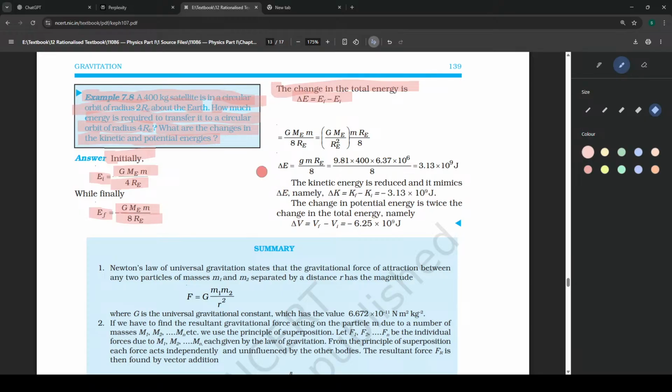The change in energy is equal to GMEm by 8 RE, which is equal to g RE square m by 8 RE. This is the total gain in energy, the total difference in energy.